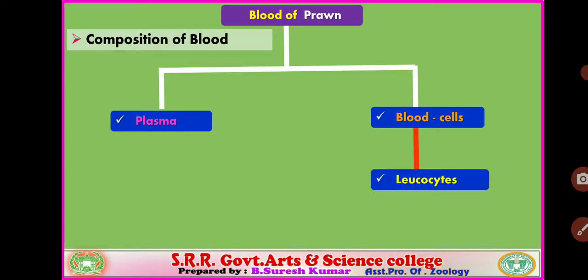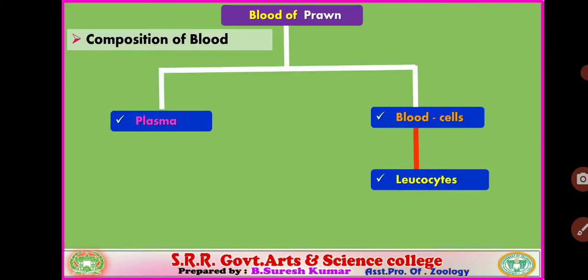They are leukocytes. Followed. So you observe this flow chart. These are the components of the blood. It includes plasma and blood cells. Blood cells are only leukocytes. RBCs are absent. Remember, right? Let us see about plasma.